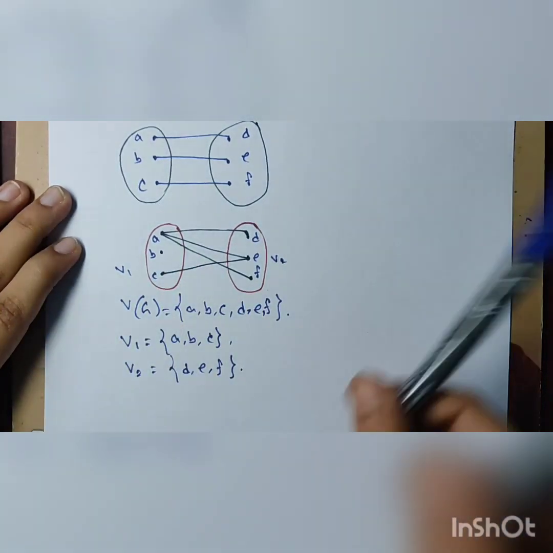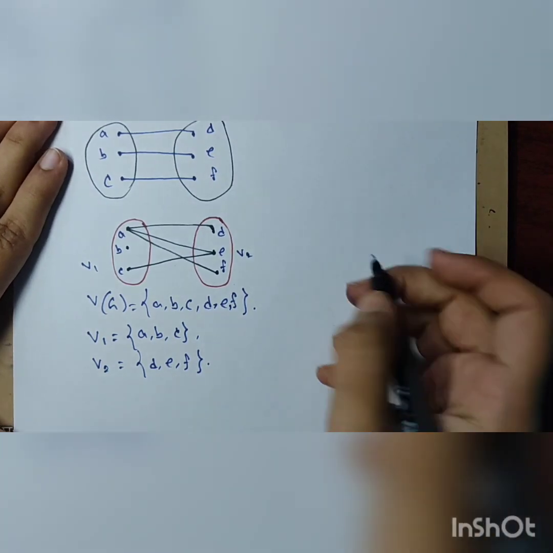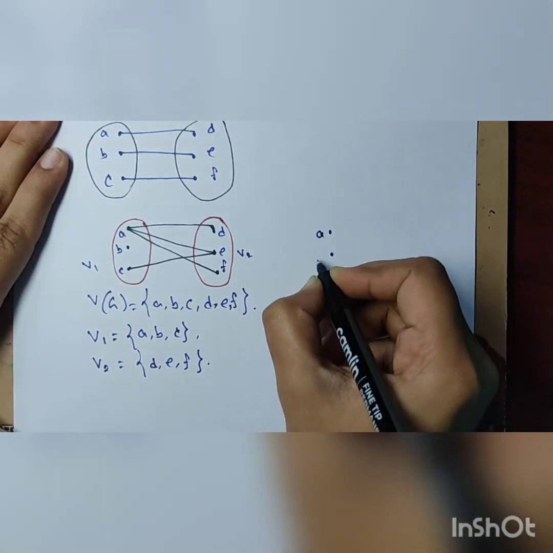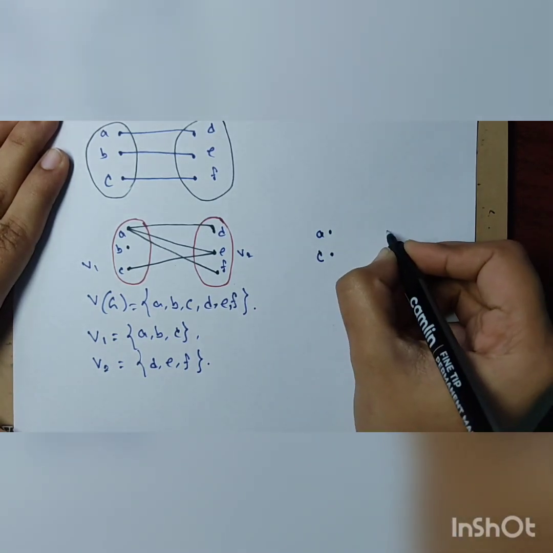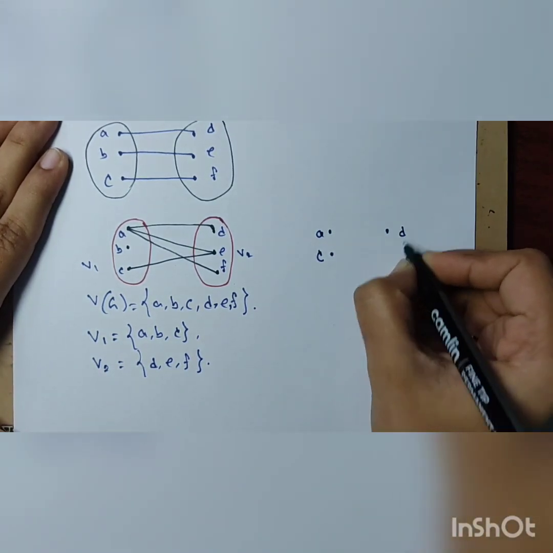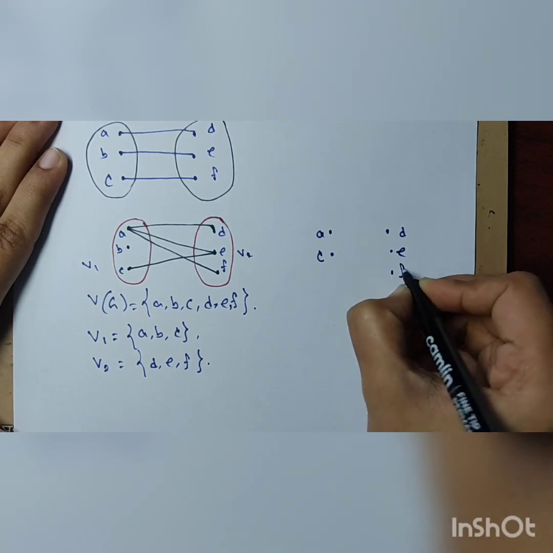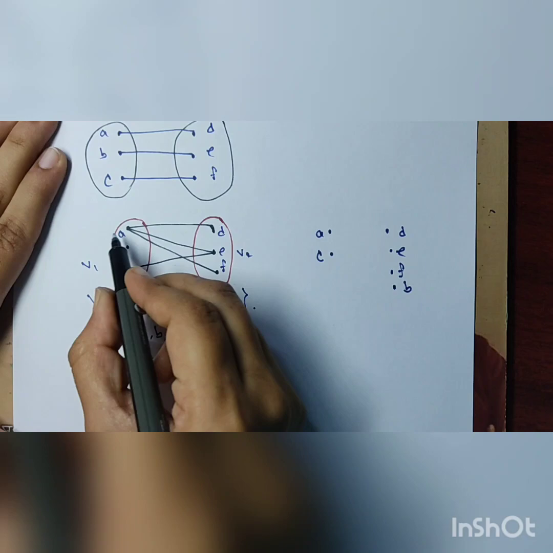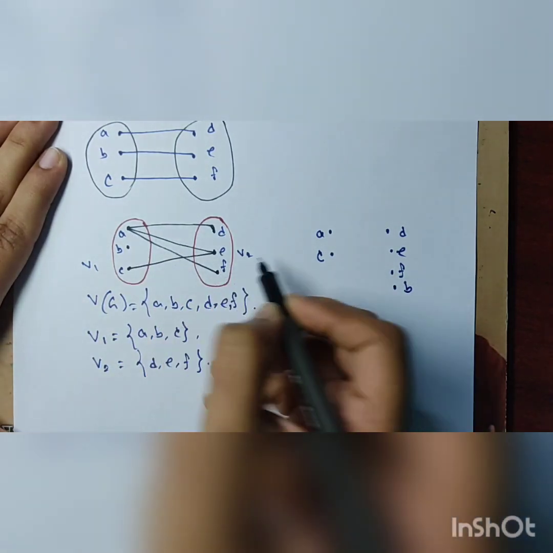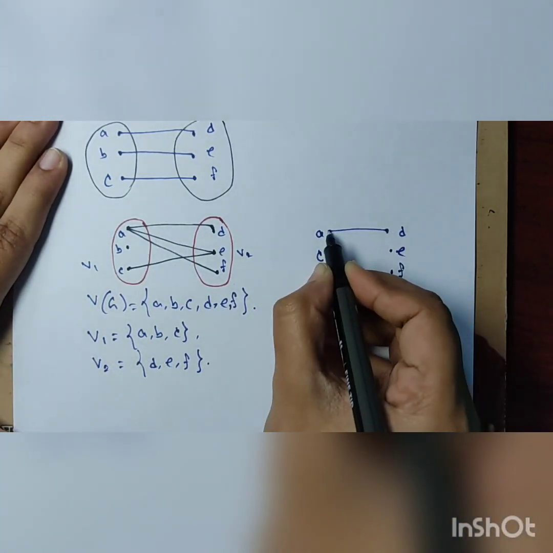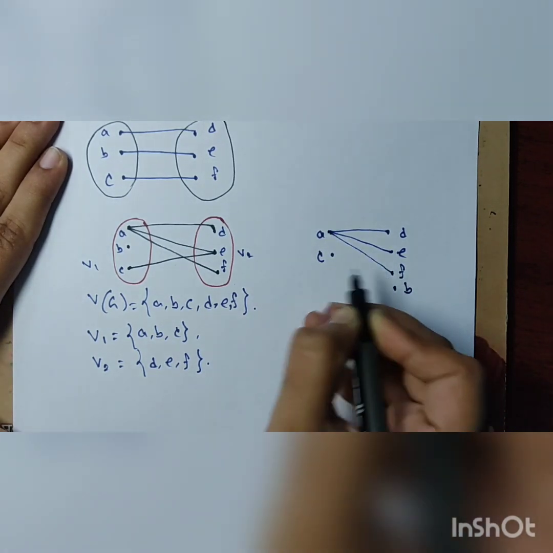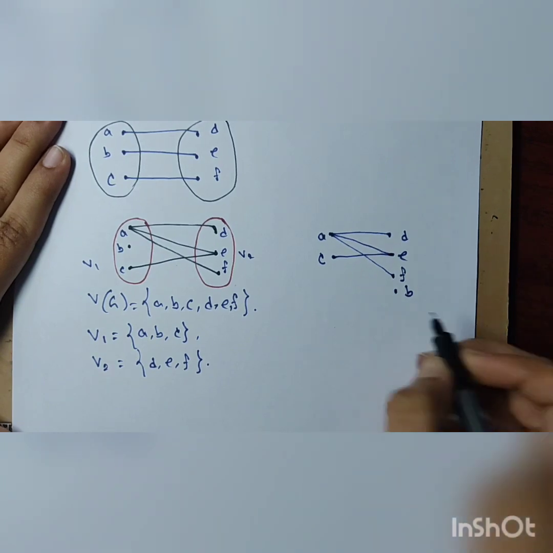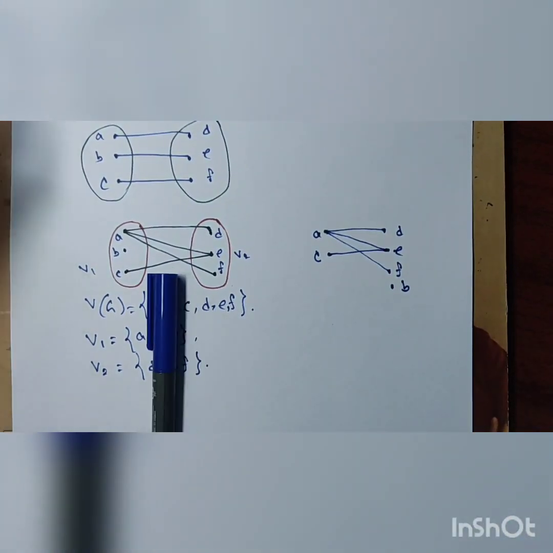So we can have another partite representation of this. We can write A and C here, and here we have D, E, F, and also this B. Then the adjacencies are: A is adjacent to D, E, and F, and C is adjacent to E, and B is adjacent to none of them.